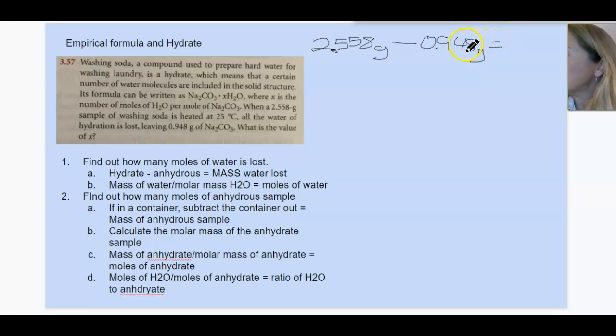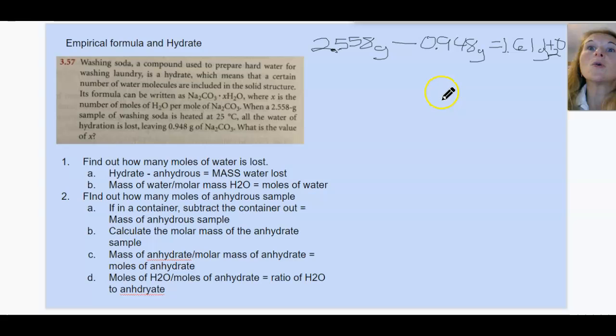And the difference there is 1.61 grams of water. So that's how much water is in that hydrated sample.